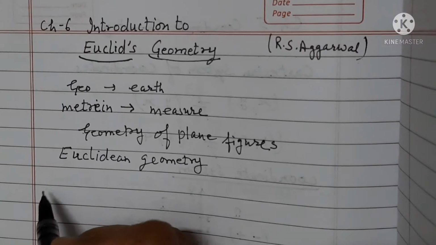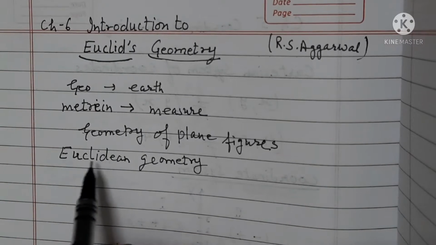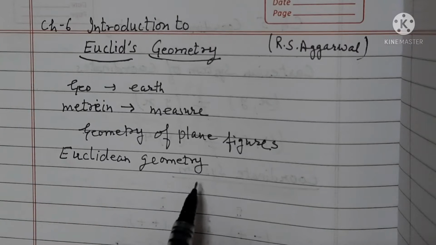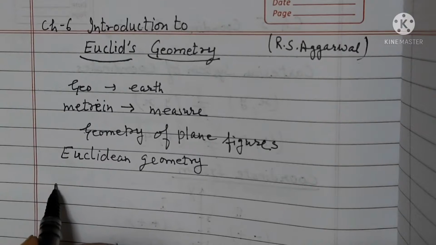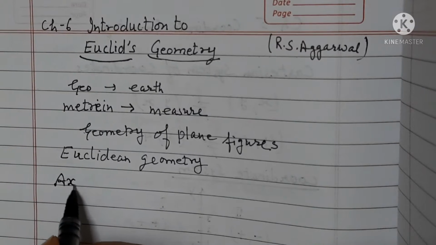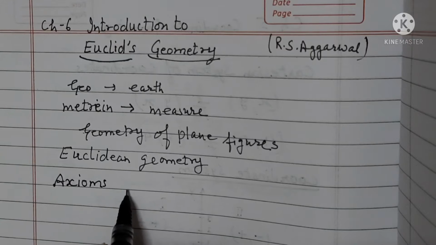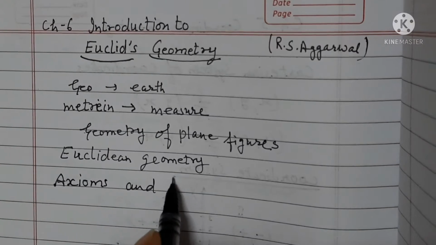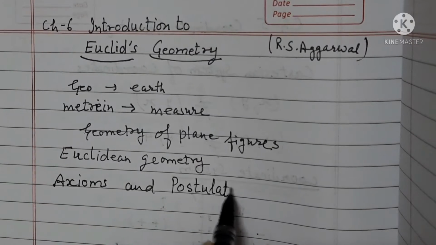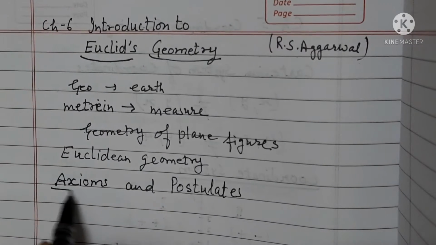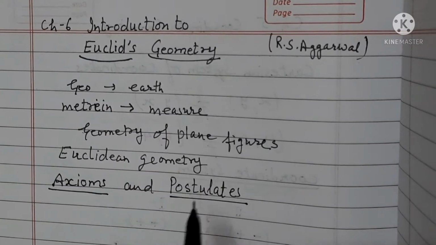And the most important things which we will discuss in Euclidean geometry are axioms and postulates. These are two important parts of this whole geometry.